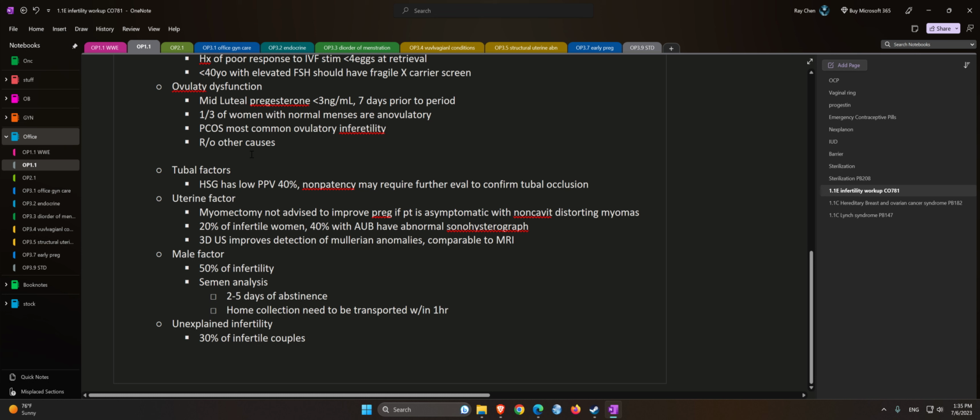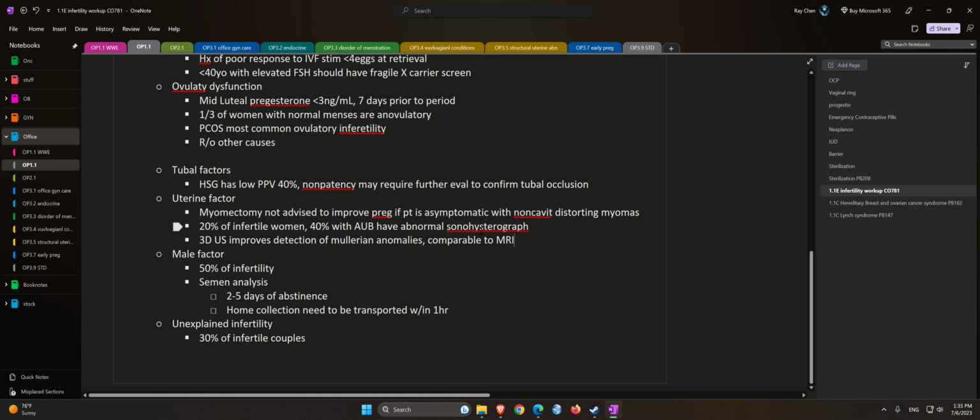Uterine factor: myomectomy not advised to improve pregnancy if the patient is asymptomatic with non-cavity distorting myomas. 20% of infertile women and 40% with abnormal uterine bleeding have an abnormal sonohysterogram. 3D ultrasound improves detection of Müllerian anomalies, comparable to MRI.